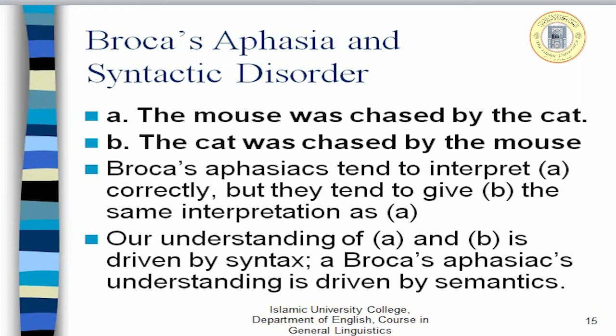They would interpret these two sentences as one sentence. They give A and B the same interpretation. However, the right interpretation of A and B is driven by syntax, which is different. A is different from B, depending on the syntactic order of words.